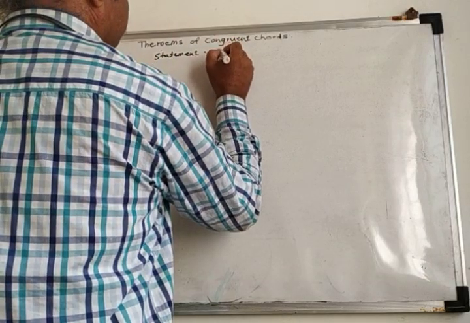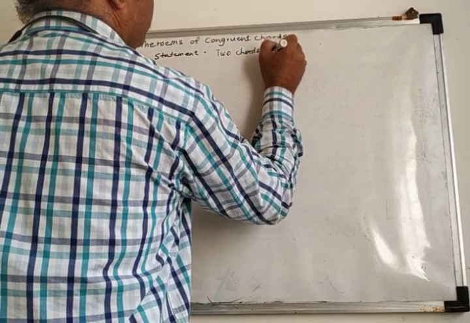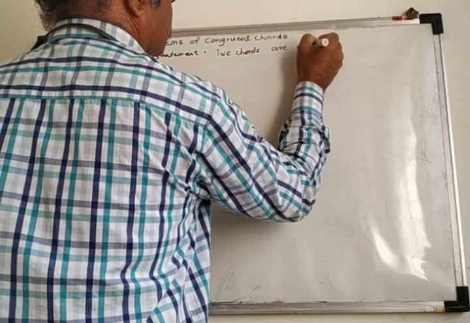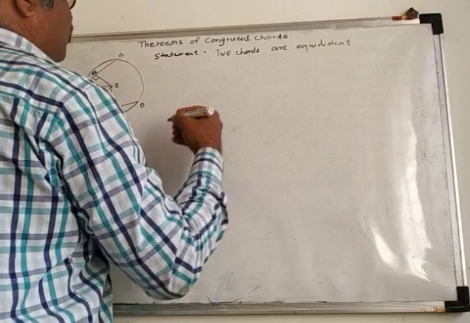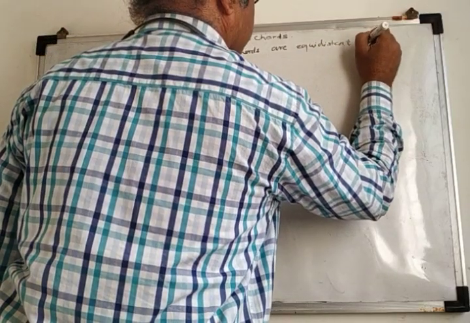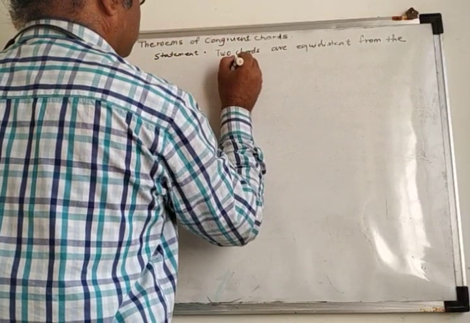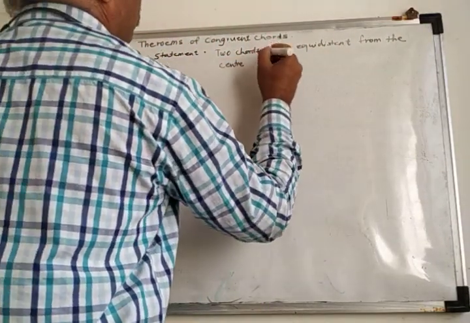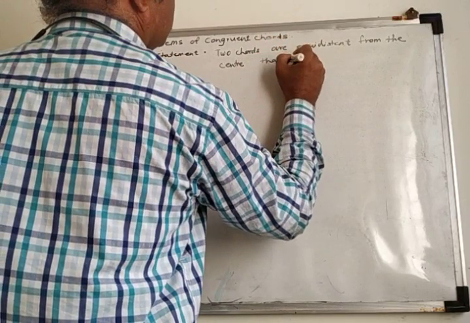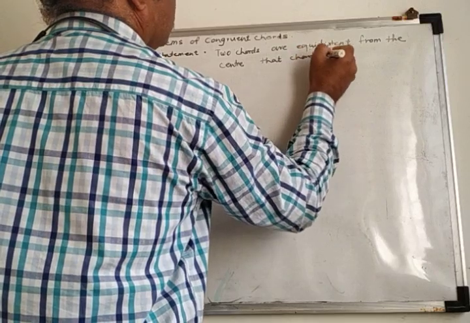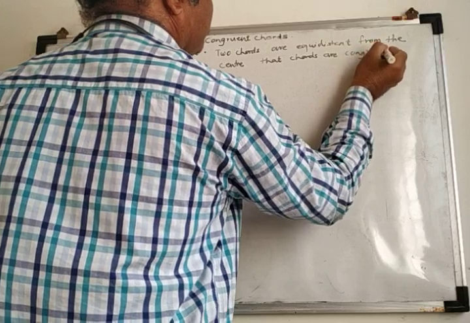If two chords are equidistant from the center, then we need to prove that the chords are congruent. Exactly a reverse statement is made in the converse.